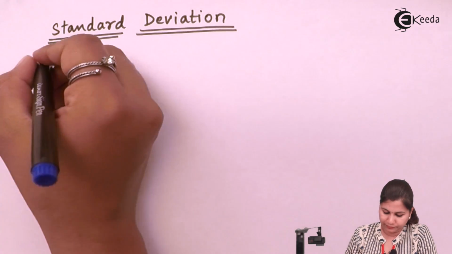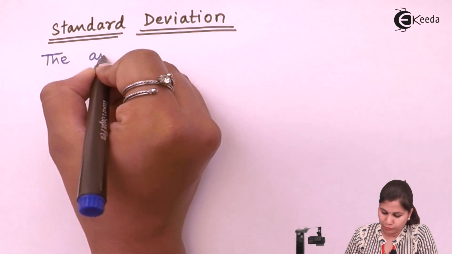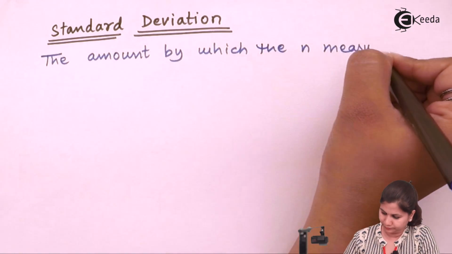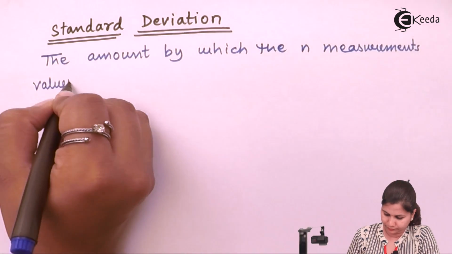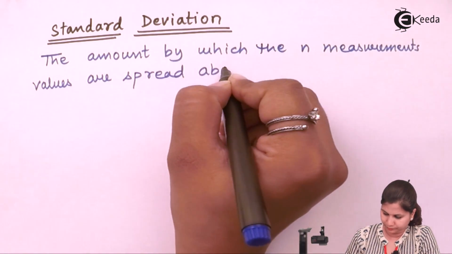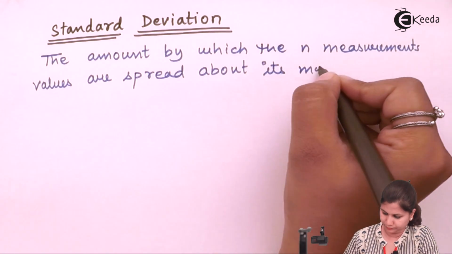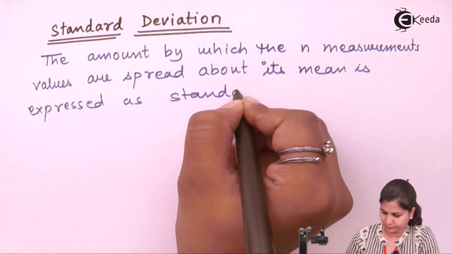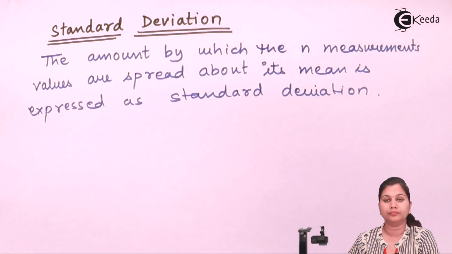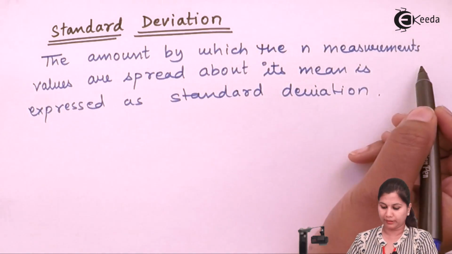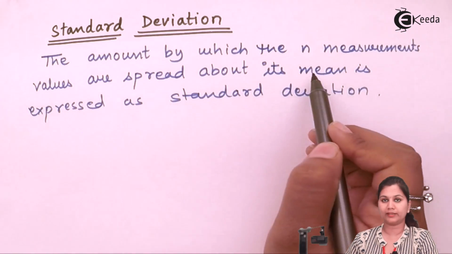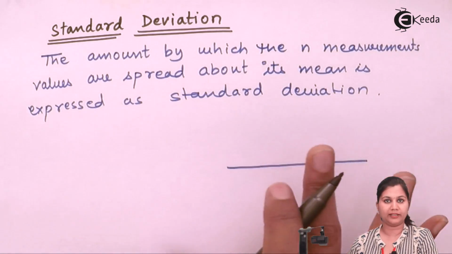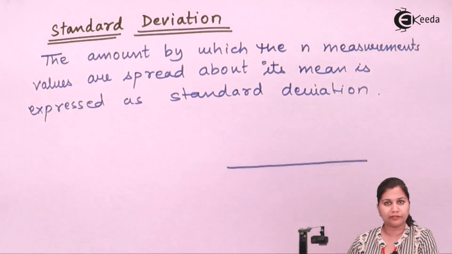So standard deviation is the amount by which the n measurement values are spreading around their mean. Suppose this is the axis on which we are defining our readings, and we have different readings over it.